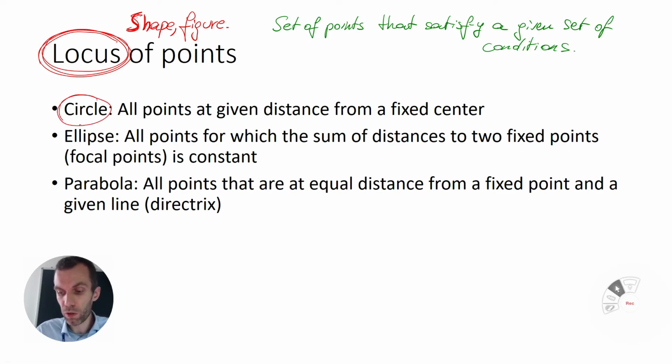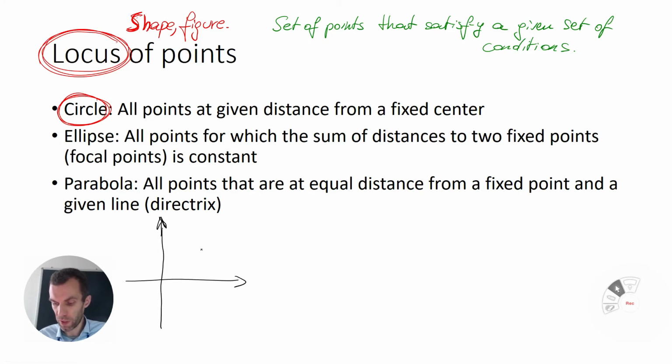So a circle is a particular example of a locus, because if you think about it, a circle is a collection of points that are at a fixed distance to a given center.